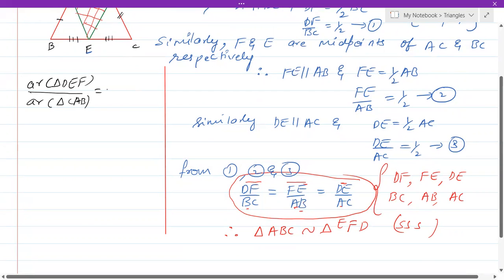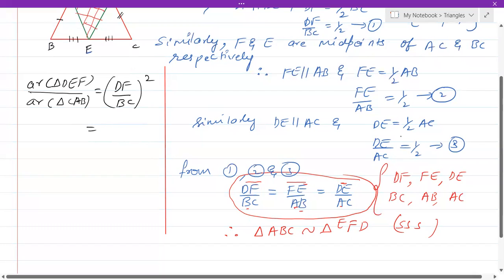Area of triangle DEF by area of triangle CAB or ABC, both are one and the same. That will be equal to squares of the corresponding sides. Out of these 3, that is DF by BC, FE by AB, DE by AC, we can take any one. Let's take the first one itself. That is DF by BC, the whole square, isn't it? It is square of the corresponding sides.